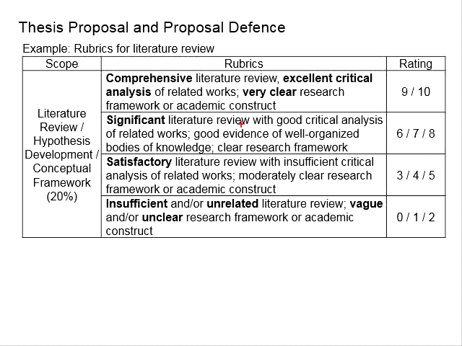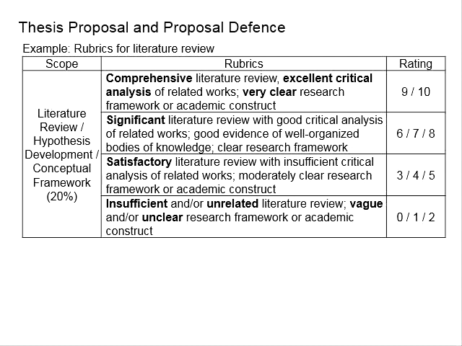Next level, sufficient literature review with good critical analysis of related work, good evidence of well-organized body of knowledge, clear research framework. Now the quality of the literature review improves. You have a sufficient literature review, not just satisfactory. That means your coverage is broader and is sufficient.